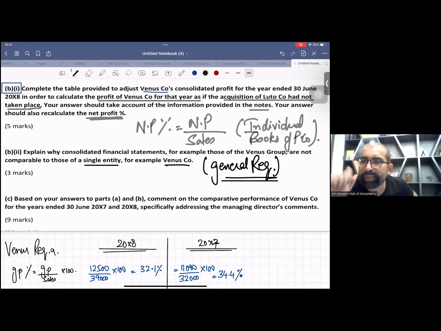Fourth point, come to the SOFP. In the consolidated SOFP, open your ears, I'm talking about F3 level consolidation, not F7.